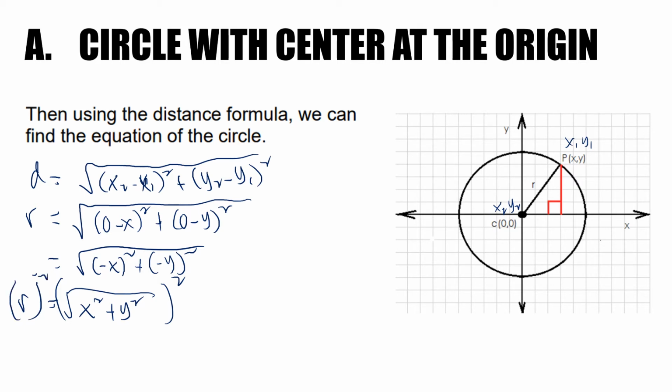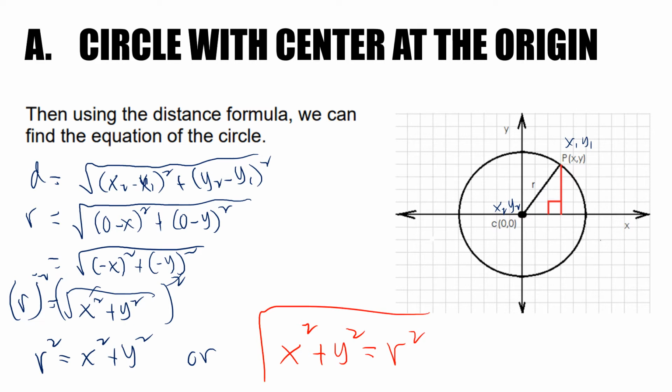So this will be equivalent to r squared equals, and this one can be removed. Okay, you are given x squared plus y squared, or this can be equivalent now to x squared plus y squared equals r squared. So this is now the equation of the circle whose center is at the origin.